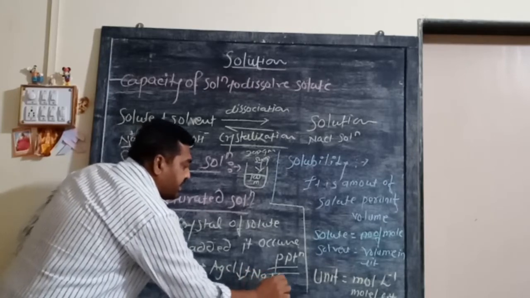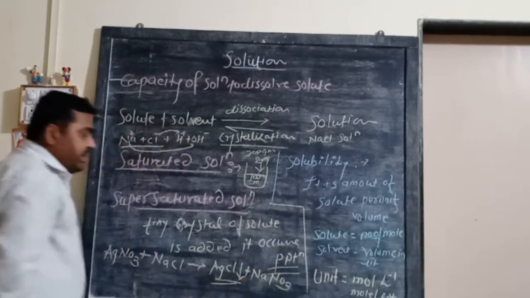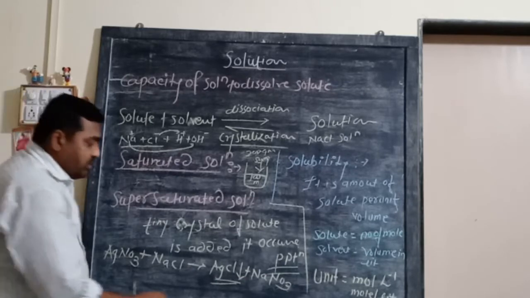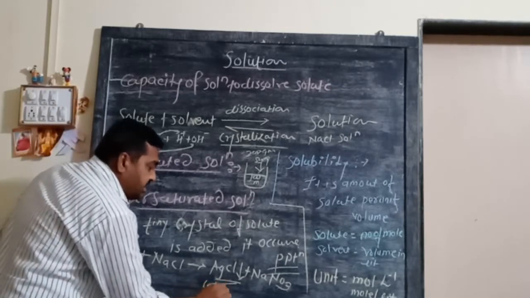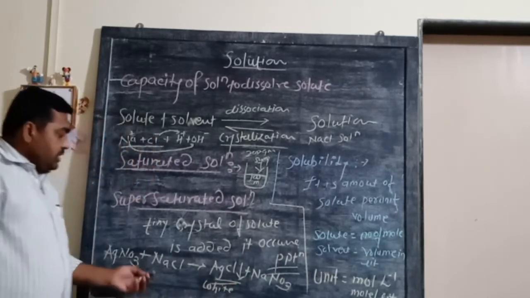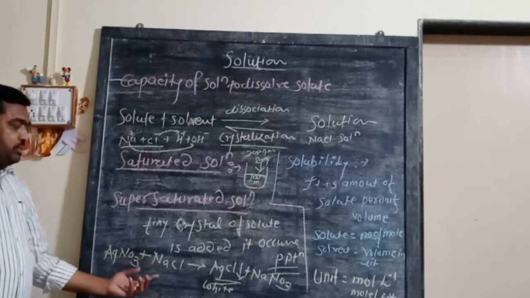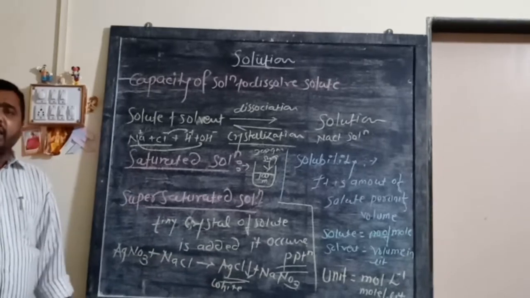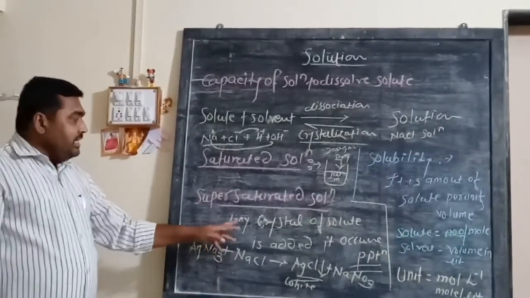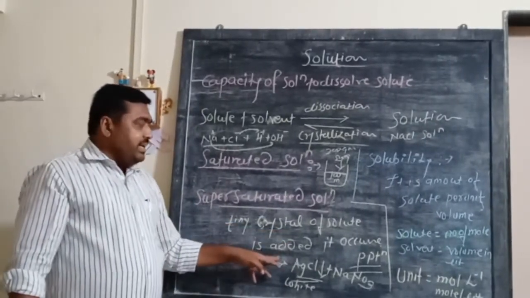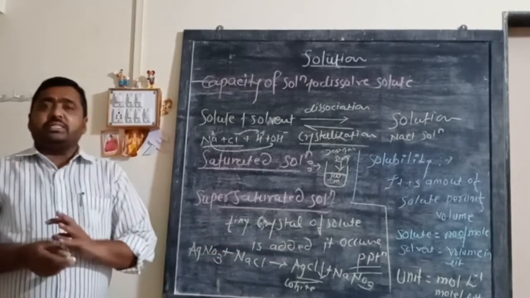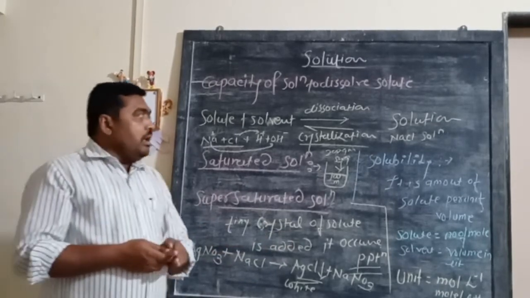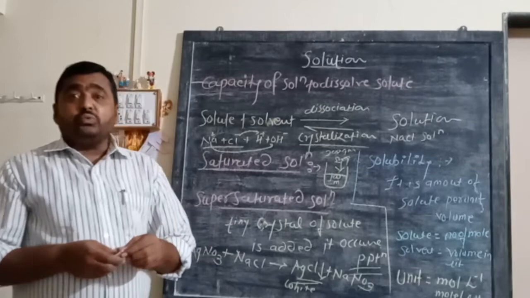AgCl is the white precipitate obtained in this reaction, as both reactants react with each other. You obtain precipitation: solute is added into the solvent, a tiny crystal of the solute is added, and precipitation occurs. Another point is what is meant by solubility.